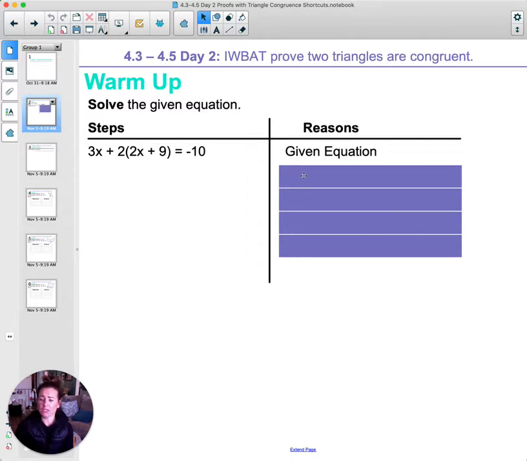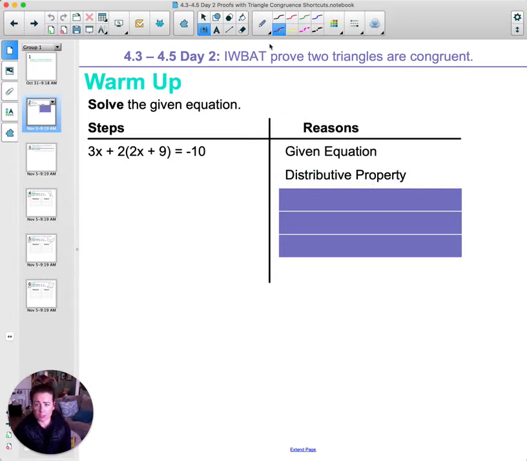So I'm just going to show the reasons and then we can do the steps on the other side. The first thing that we would do in this problem is the distributive property. So we're going to distribute this 2 in, and then you write down your next part. So we'd have 3x, and then 2 times 2x is 4x, 2 times 9 is 18, and that equals negative 10.